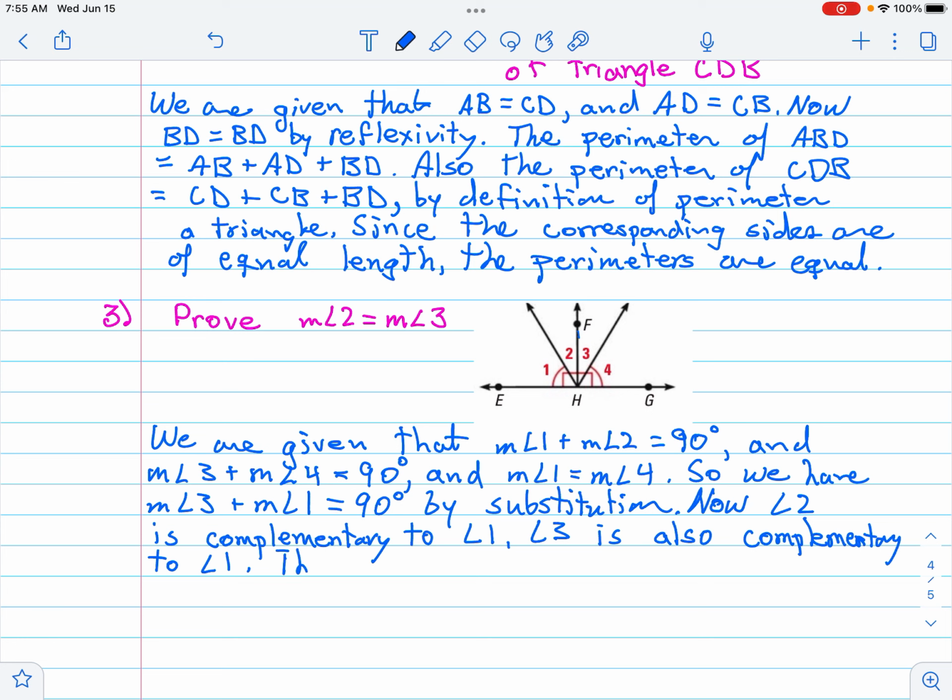Therefore, the measure of angle 2 is equal to the measure of angle 3.